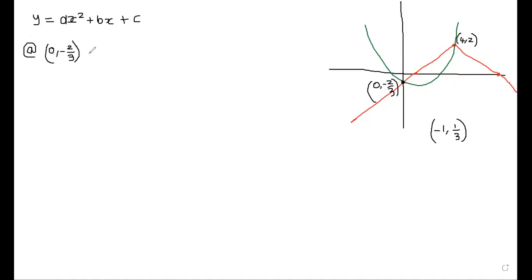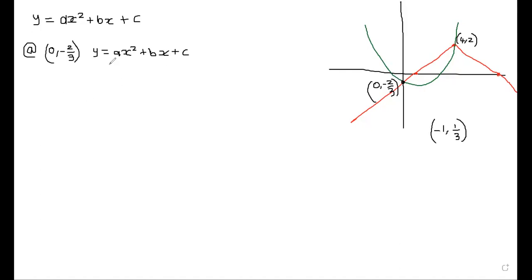At this point, right, we are going to have y equal to ax² plus bx plus c.